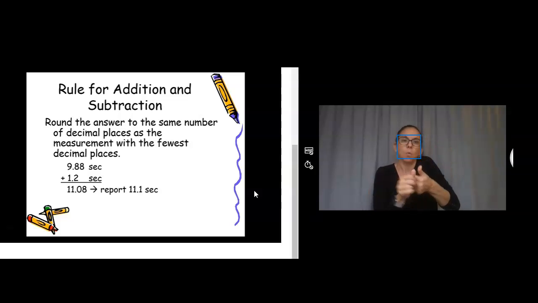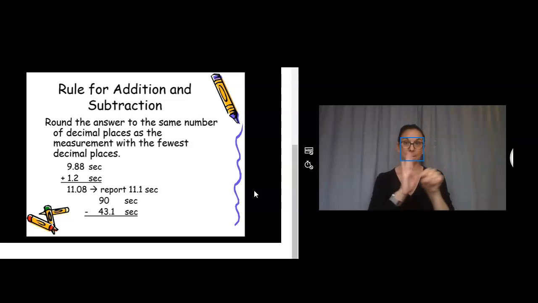Here's another example. 90 minus 43.1. Go ahead and do that calculation on your calculator. What did you get? I got 46.9. Okay.